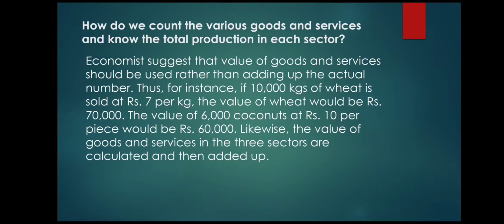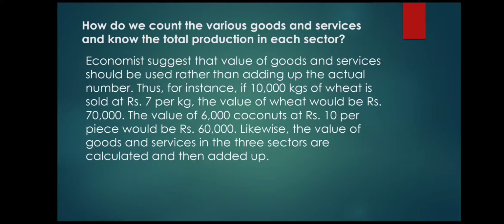So the economists have said that since there are various kinds of measuring unit for various kinds of products, like agricultural products are measured in kgs, milk or other kinds of liquid are calculated in liters.